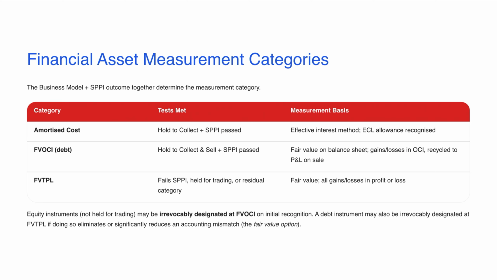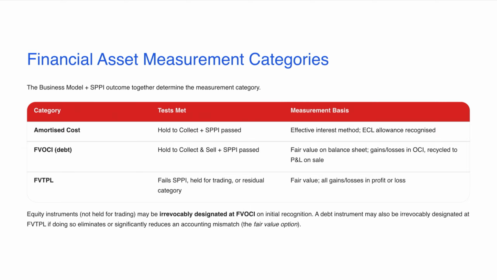Second, FVOCI, debt. This applies where the business model is hold to collect and sell, and the SPPI test is passed. The asset is carried at fair value. Fair value movements go through other comprehensive income, with the relevant accumulated amount recycled to profit or loss on disposal.